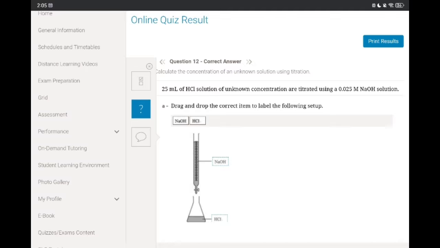For example, you have the volume. Even if it seems not important at first, you're going to use it later. So I have 25 milliliters of HCl and 0.025 molarity of NaOH.